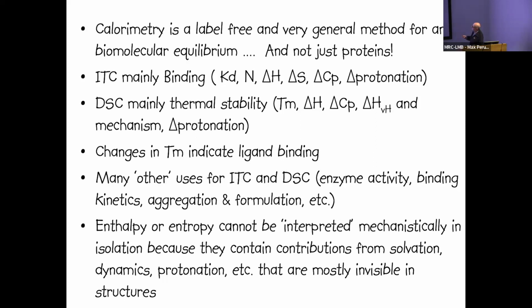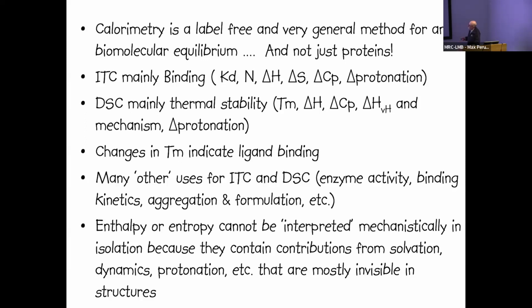DSC is for thermal stability, so we get the Tm, the enthalpy, the delta Cp for the thermal phase transition. There's something called the van 't Hoff enthalpy, which I haven't mentioned, which tells us something about the mechanism of unfolding, and again, changes in protonation. We can get changes in Tm indicating ligand binding that we're going to hear about next week.